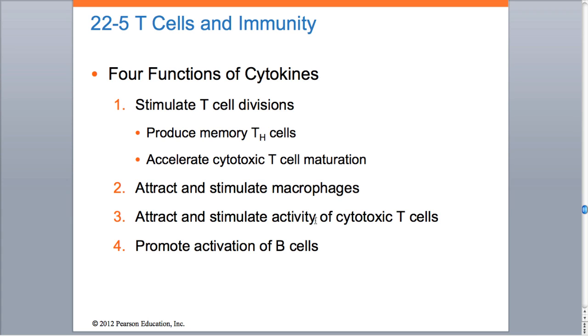Attract and stimulate more cytotoxic T cells. What level is that? 4. So do you now see that helper T cells stimulate levels 2, 3, and 4. That is why this slide is a good summary. It stimulates levels 2, 3, and 4.